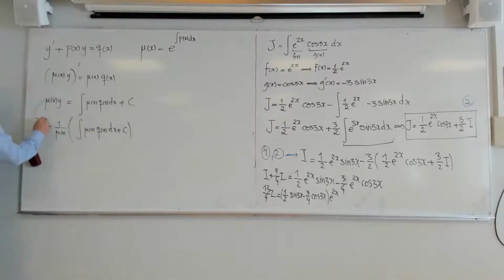So in principle, in theory, this is the formula similar to the ABC formula. The ABC formula is designed to calculate the roots of a quadratic equation. This is the formula designed for finding the function which is a solution to this linear differential equation.